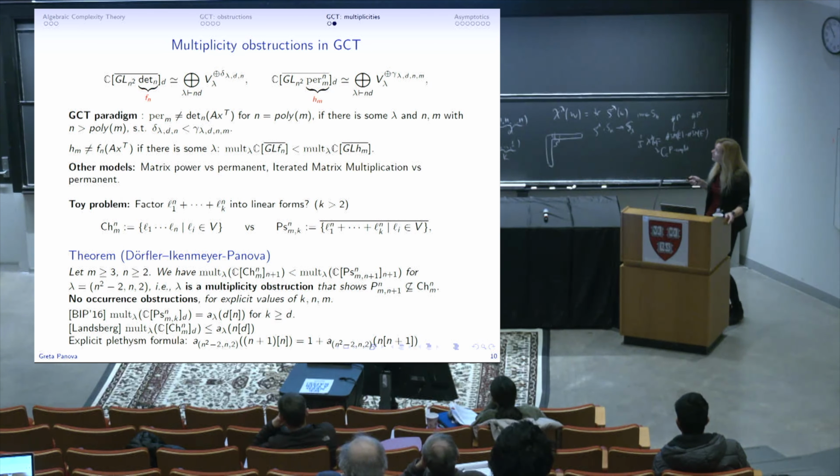So notice that there is a d of n, and here there is nd. And then we can try to find some particular values for which the corresponding inequality holds, which we did. So we actually found that they differ by 1 for this particular partition lambda, and we found a multiplicity obstruction.